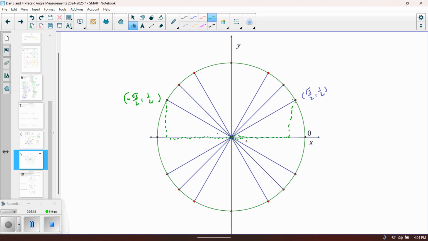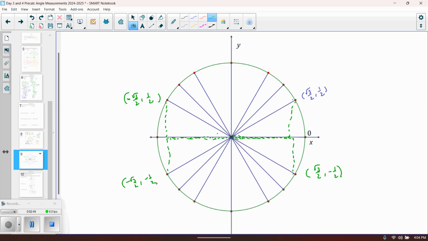So again, going to the right first, the x direction hasn't changed, but then coming down here, the y direction is now negative. So this ordered pair is going to be a positive square root of 3 over 2, but a negative 1/2 because the y value was negative. And then in your third quadrant, going out here and then down here, x and y are both negative, so you have a negative square root of 3 over 2 and negative 1/2.